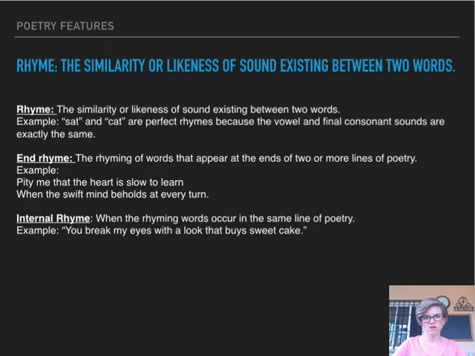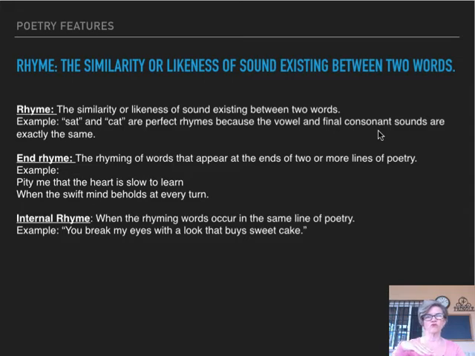And so the really simple example you have on your term sheet and here on the slide is sat and cat. Okay, they're perfect rhymes because the vowel and the final consonant are exactly the same. Okay, and if you want to get further into types of rhyme, if you go searching, you'll soon realize, and maybe you realize already, that there's 1-syllable rhymes, 2-syllable rhymes, 3-syllable rhymes.